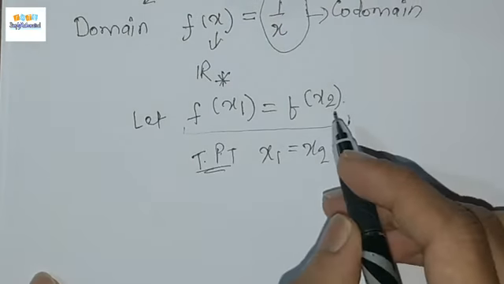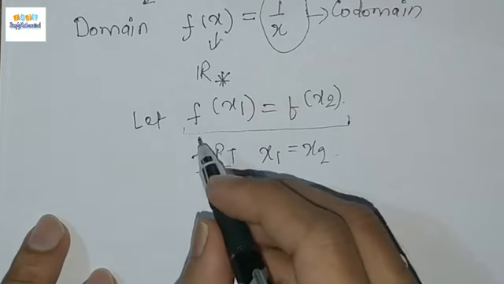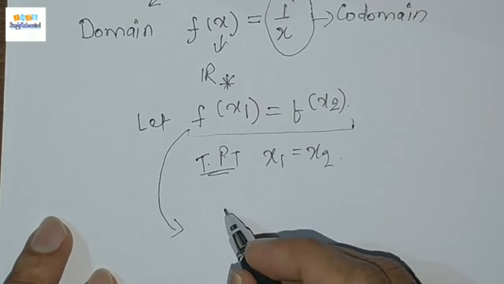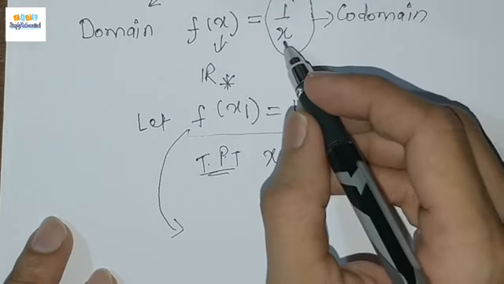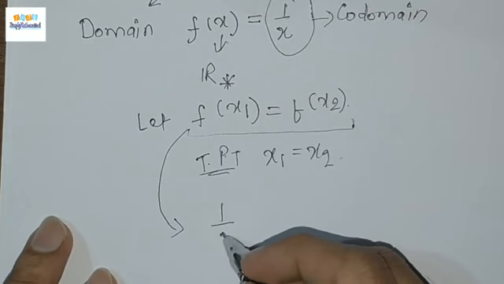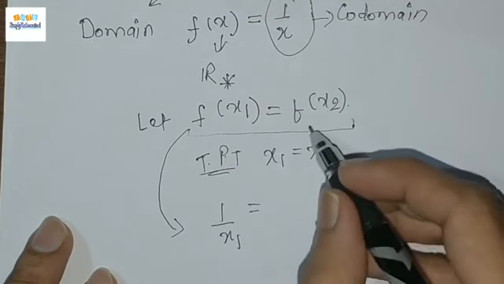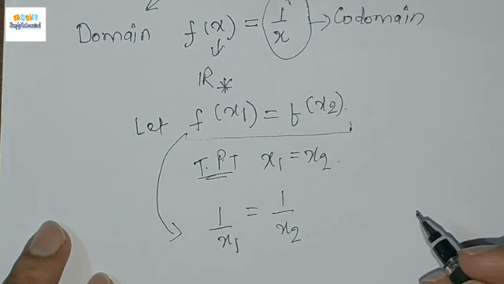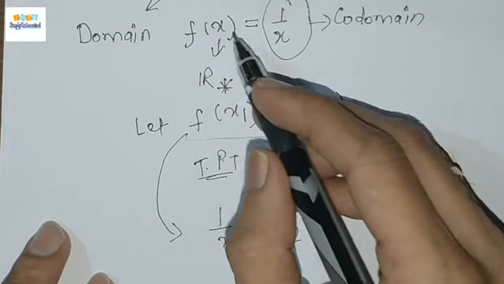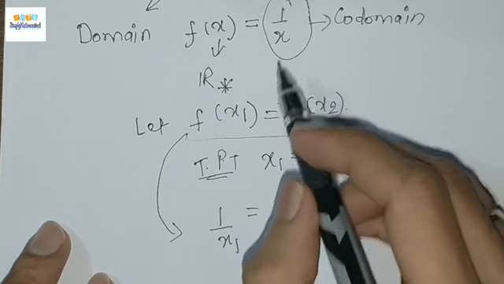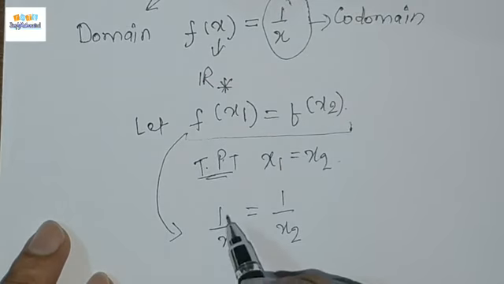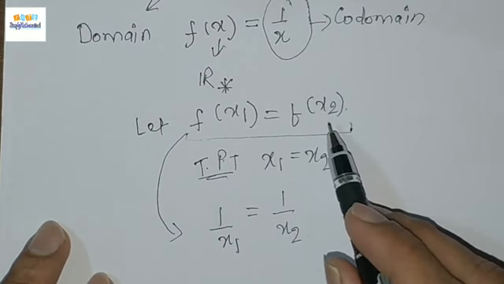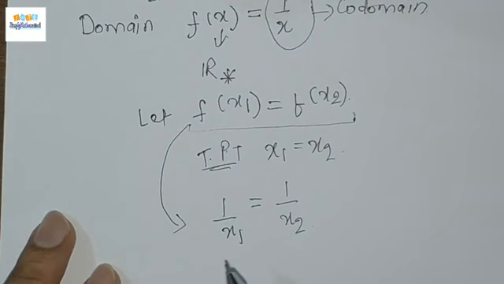So taking this, we have to prove this. Now since we have taken f(x1) is equal to f(x2), what you will get? f(x1) will be 1 by x1, and f(x2) will be 1 by x2. Just write x1 in place of x for f(x1), so 1 by x1, and in place of x write x2, so you will get 1 by x2. Simple.